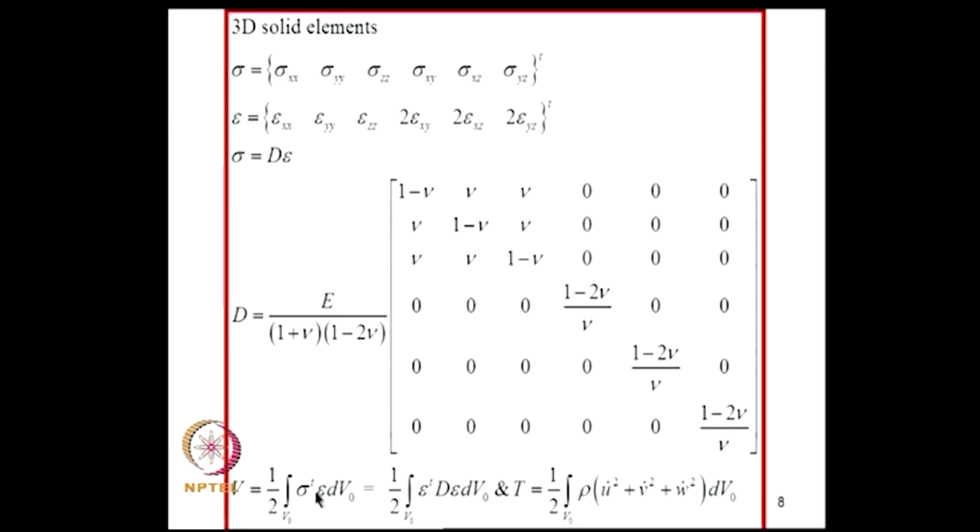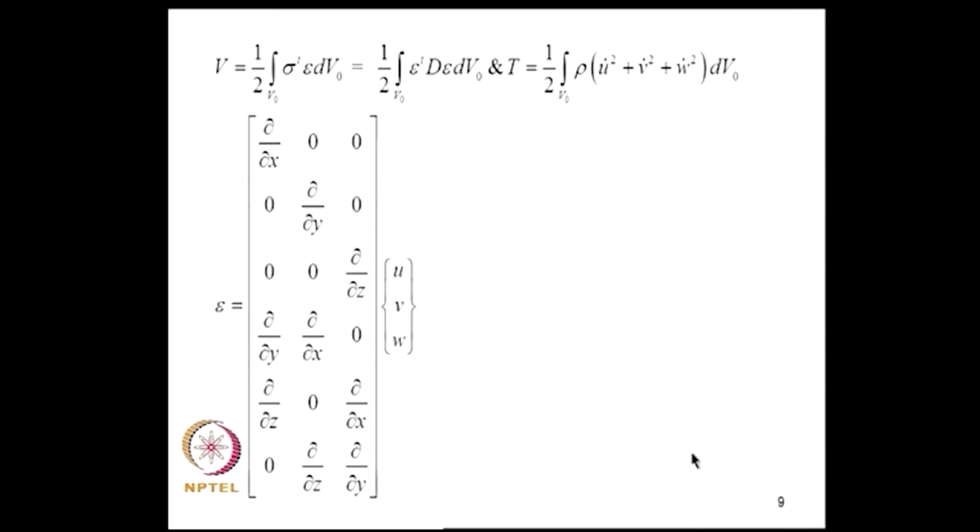This is sigma transpose epsilon dV naught, the integral of that over the volume element times half is the strain energy, and this is the kinetic energy. Now, to compute strain energy we express sigma in terms of strain, and the strain subsequently we express in terms of displacement as we have been doing.